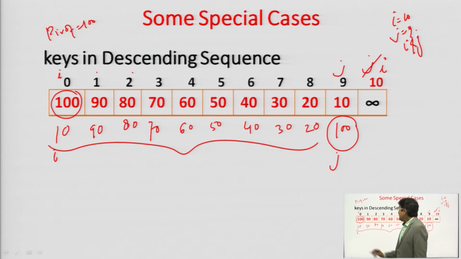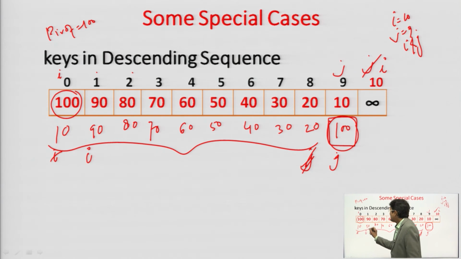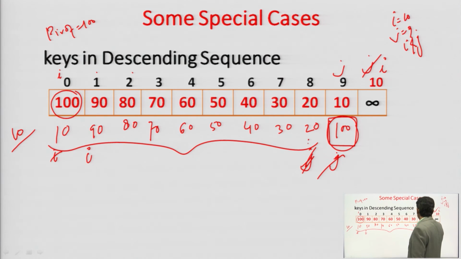Now, let us set this element as I and this element as j. Why we are setting this element? Now, 100 is being treated as the infinite here. So, you increment I, it stops here because this element is larger than 10, which is the pivot element. You decrement j, it stops here. Okay.